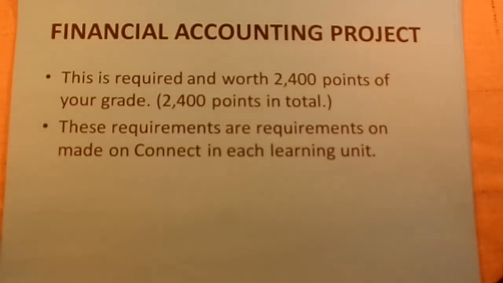Normally in a project you'll have both a serial type problem that carries on from one chapter to the next and introduces the new concepts, and also there'll usually be an exercise thrown in from the chapter that you're working on. Again, for both types of homework, the LearnSmart homework and this financial accounting project, you need to have McGraw-Hill's Connect, which means you are going to need to get a Connect access code.